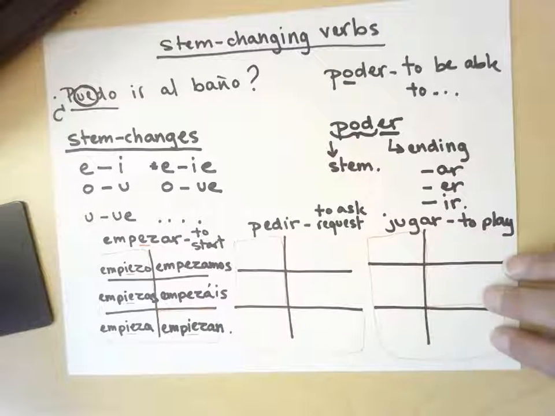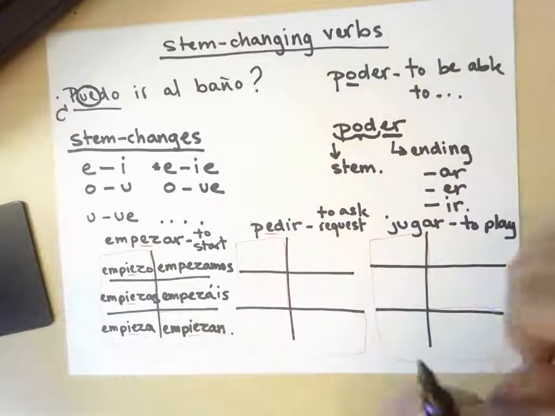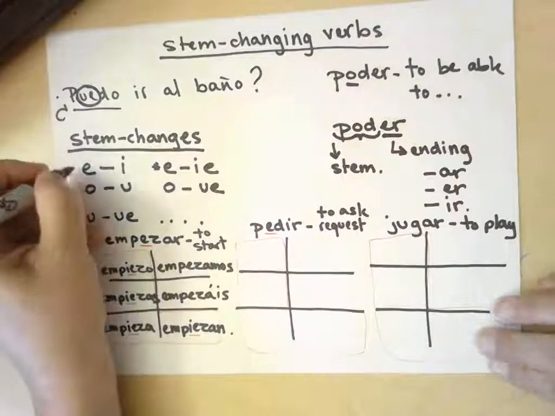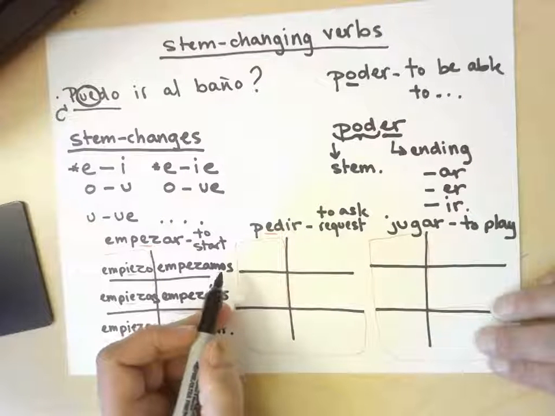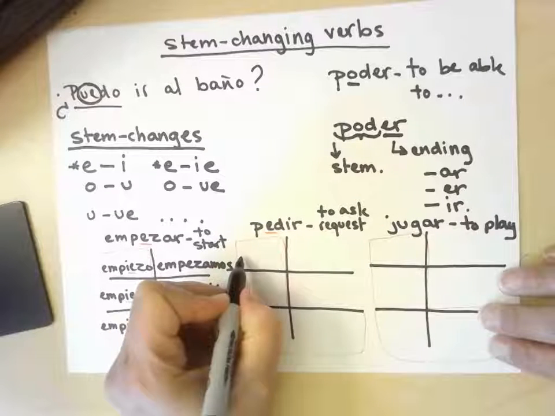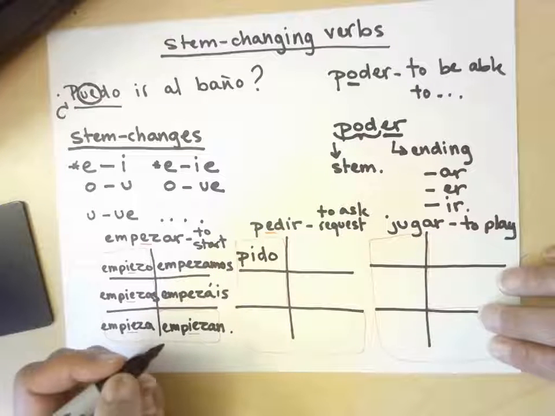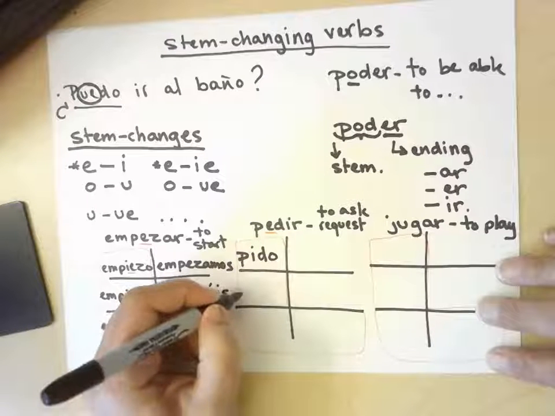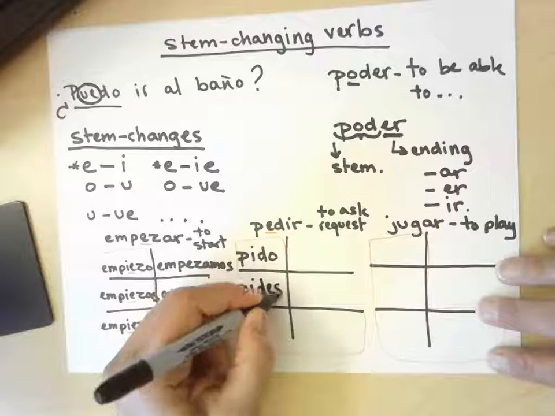Let's take a look at pedir. Pedir happens to have an E to I stem change. So, take a minute, think. How would you say, I ask for something or I request? Yo pido. Tú pides.